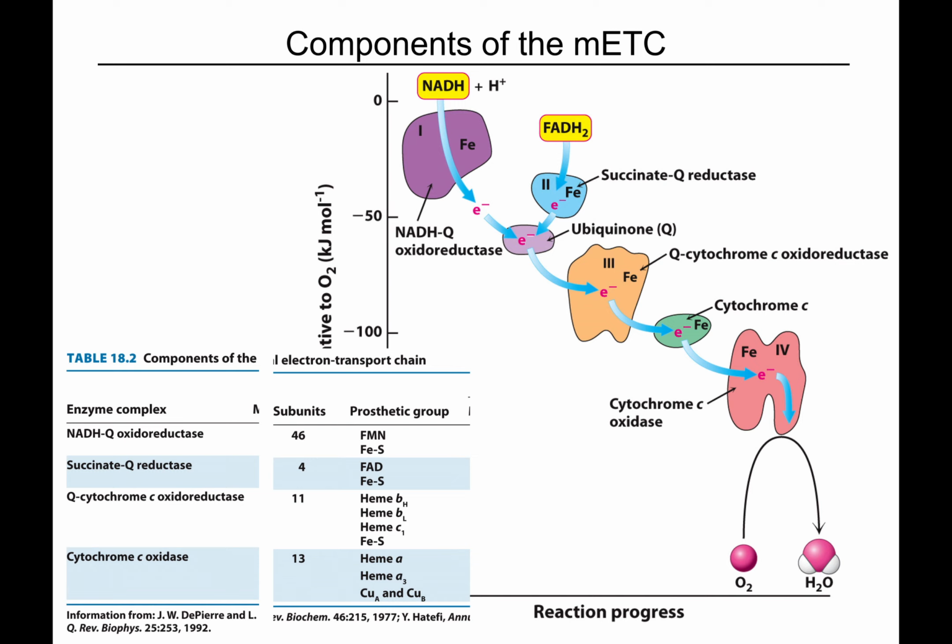We pass them through complex 2, ultimately giving them to this purple blob, our coenzyme Q. Coenzyme Q carries them to complex 3, which moves electrons ultimately to cytochrome C, which moves electrons ultimately to complex 4, which ultimately reduces oxygen to make water. The important thing to take home here is that each step is energetically downhill. Each of these steps produces energy, which can be harnessed to pump protons against a chemical gradient.